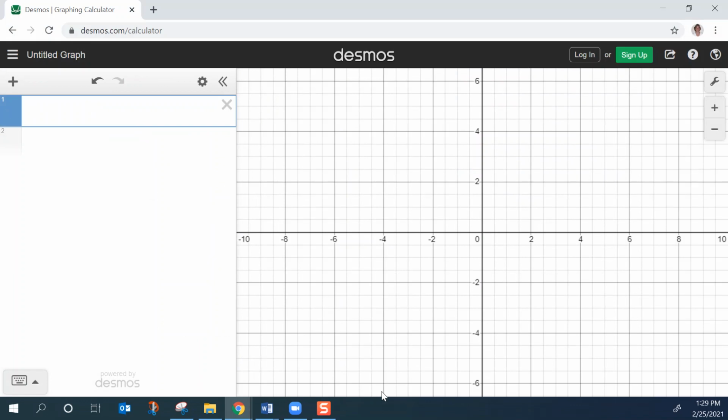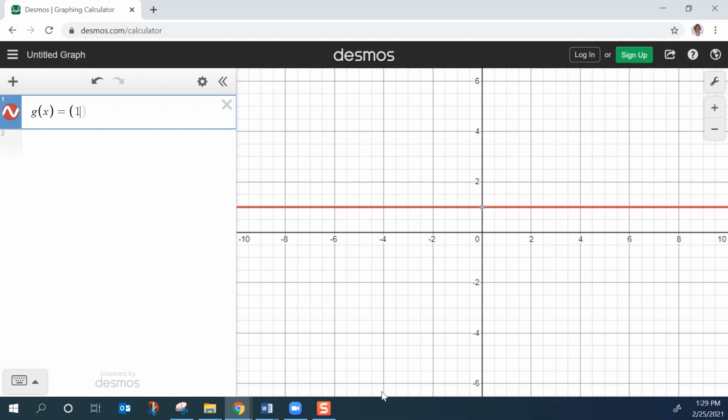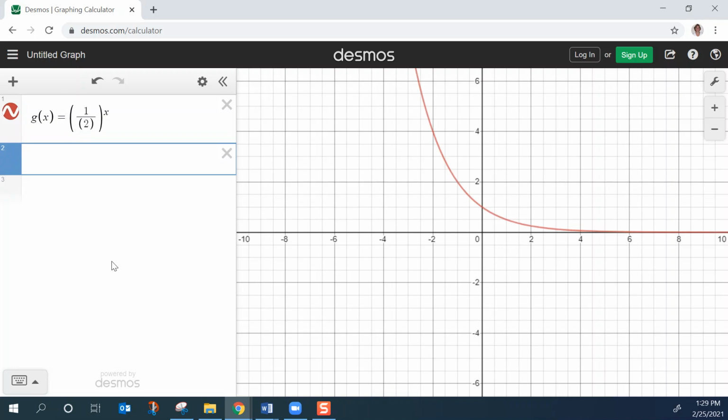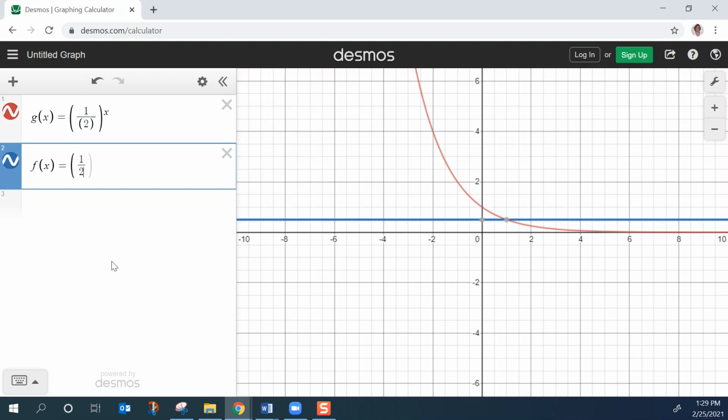I'll use g of x. And then I'm going to add the function f of x equals (1/2) to the power of x plus 2. I'm going to put that in parentheses too, x plus 2.